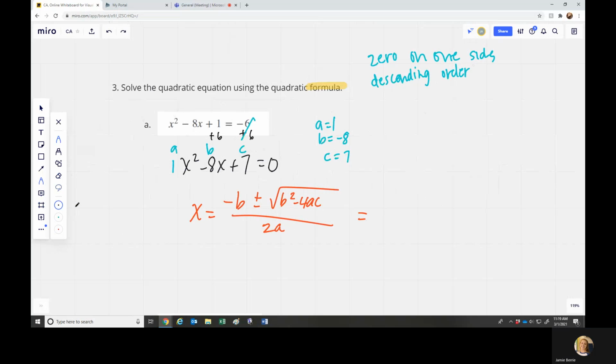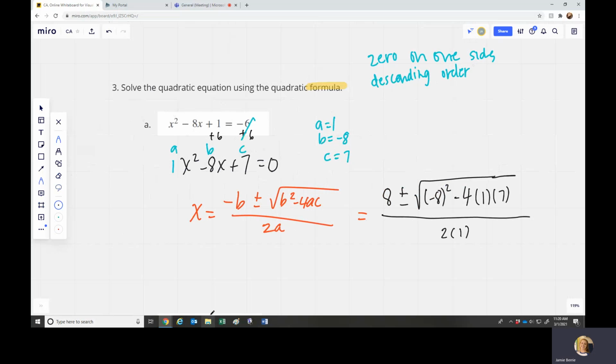So 8 plus or minus the square root of b squared, that's negative 8 in parentheses squared, minus 4 times a times c, so times 1 times 7. Make sure that square root goes all the way over. And everything is divided by 2 times a, that's 2 times 1.